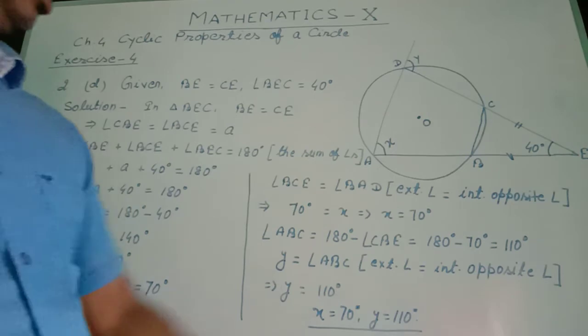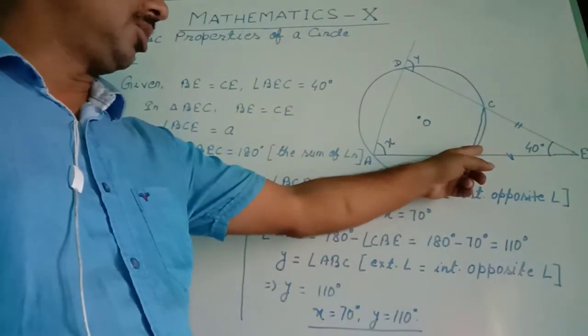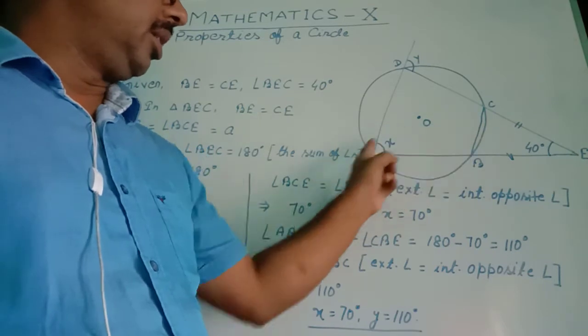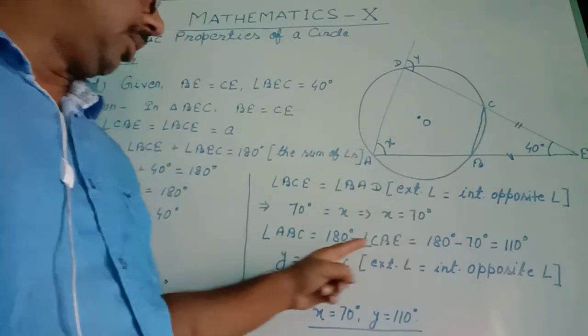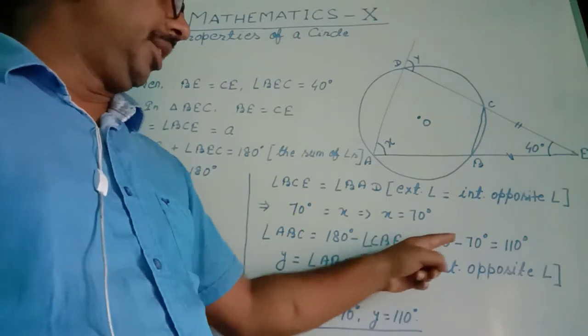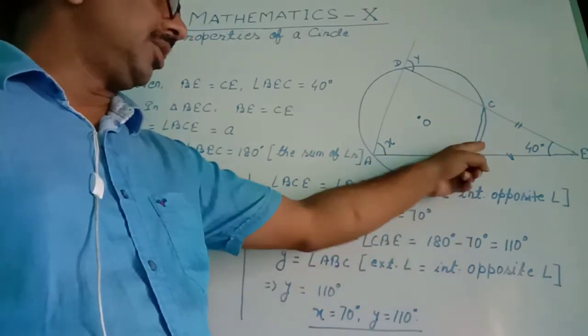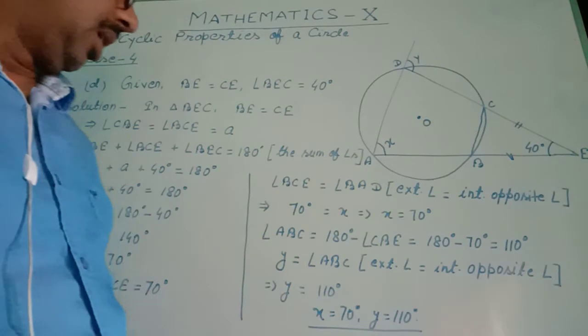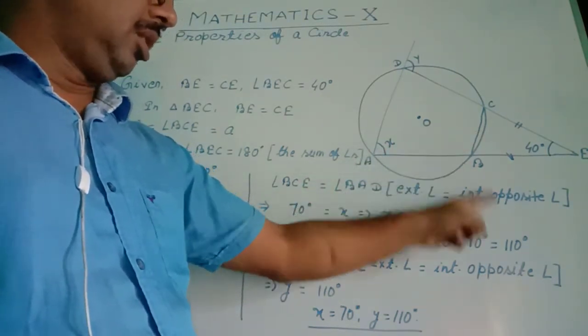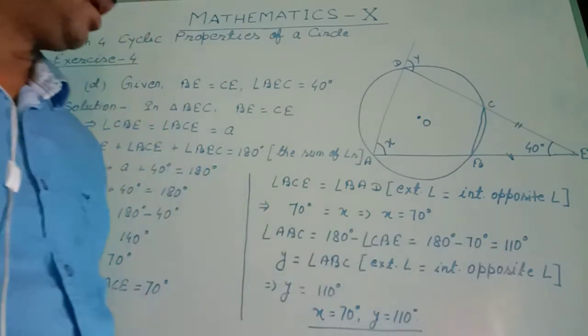Now this angle we have, that is also 70 degree. From this angle we can find out angle ABC. For that we can write 180 degree minus CBE, 180 degree minus 70 degree, because CBE is also 70 degree, and we got angle ABC equal to 110 degree.